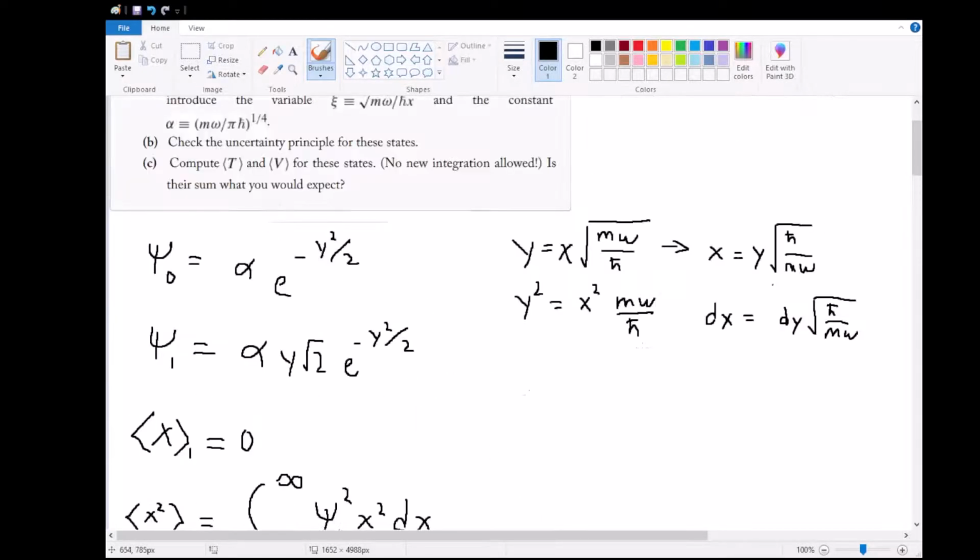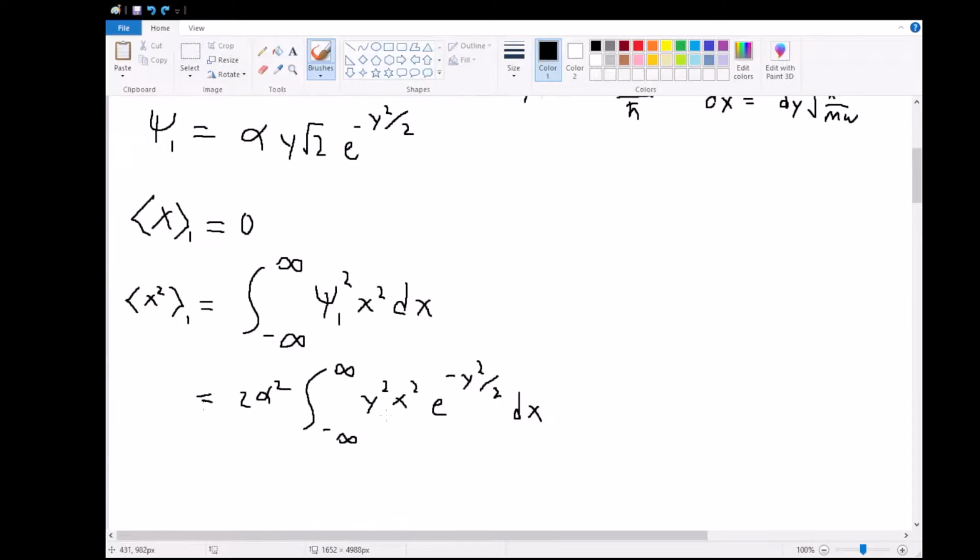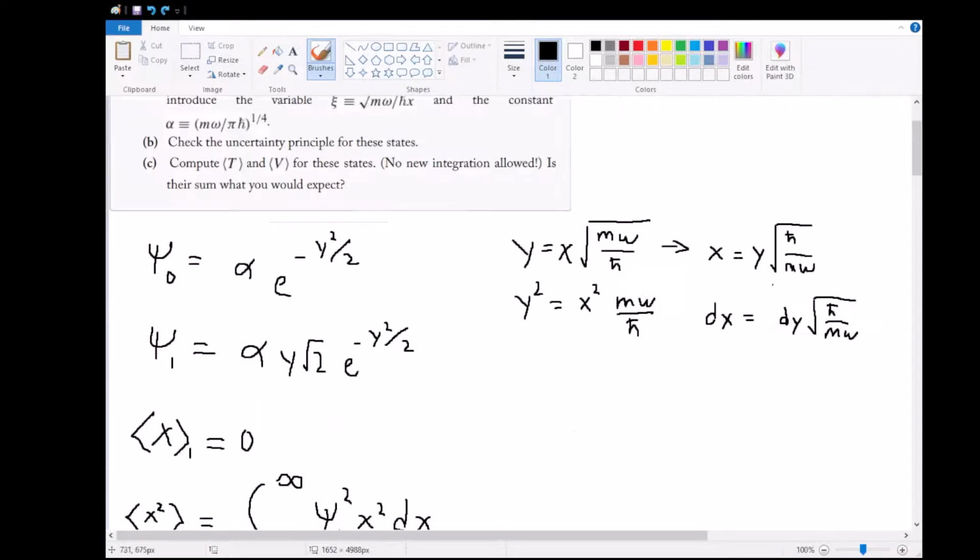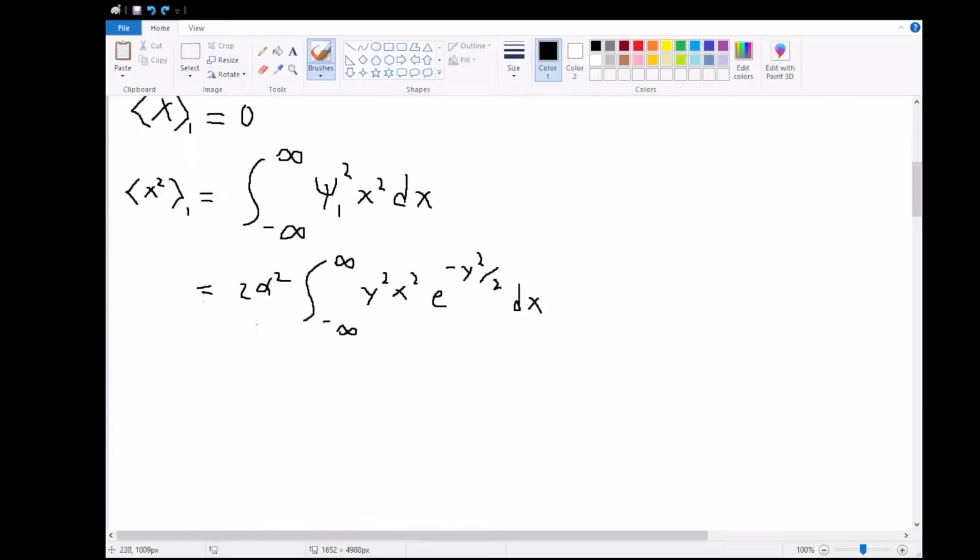Once again, we convert, so we have all the x terms contributing and all the dx terms contributing this factor of square root of h bar over m omega. We have 2 x terms and 1 dx term, so we're going to have h bar over m omega to the power of 3/2.